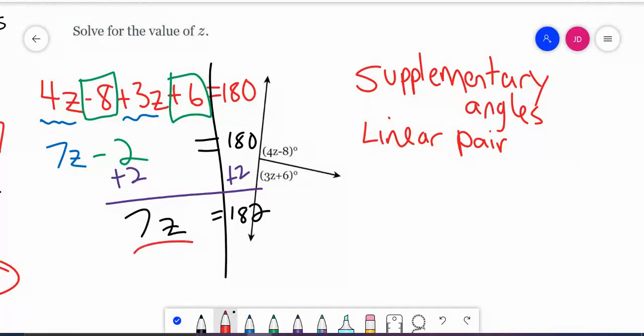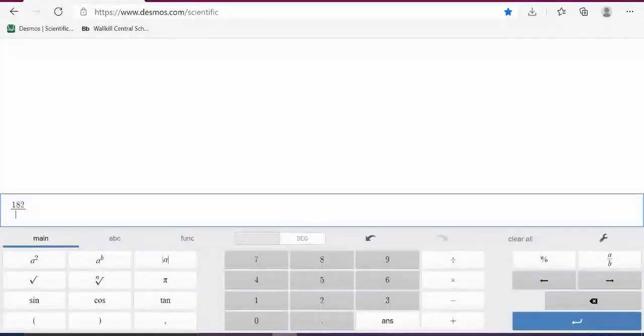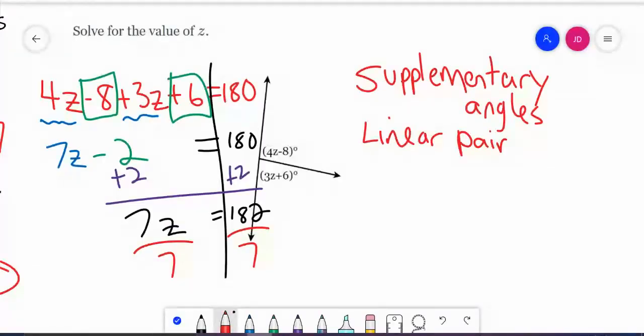And then I divide both sides by 7. 182 divided by 7 is 26. All right. So I know supplementary angles, a linear pair, you add them together to equal 180 degrees.